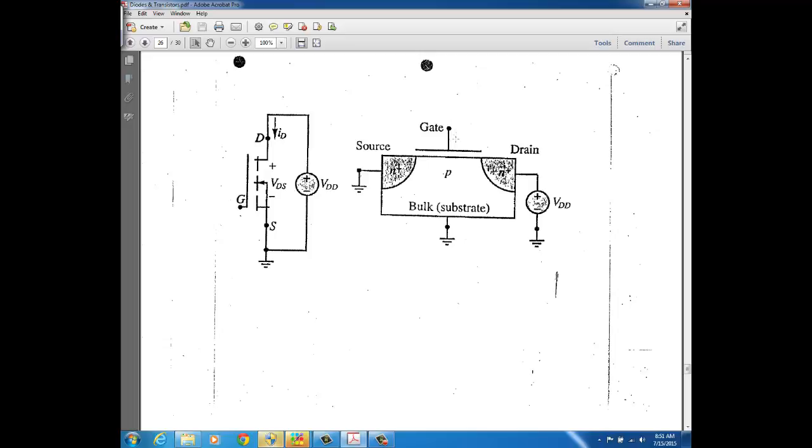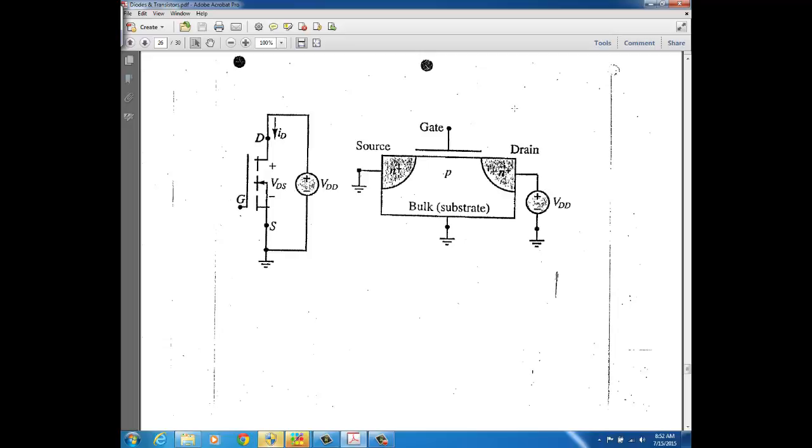You can basically ignore it and call it 0, and in this class, that's what we're going to do. We're not going to worry about the gate current. For all practical purposes, for the voltages we're using at the gate, our gate current is just 0.